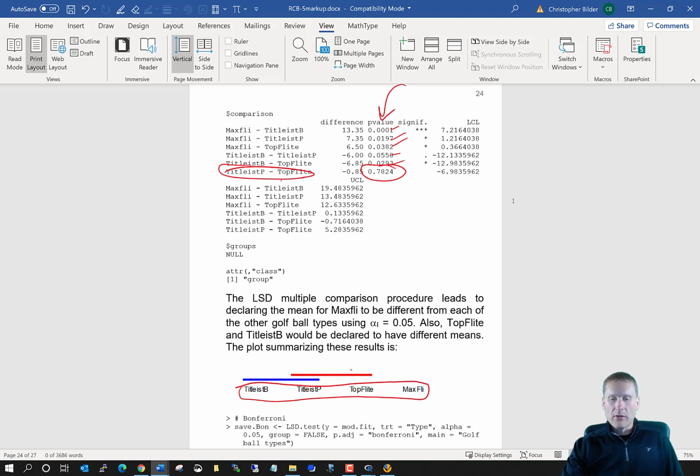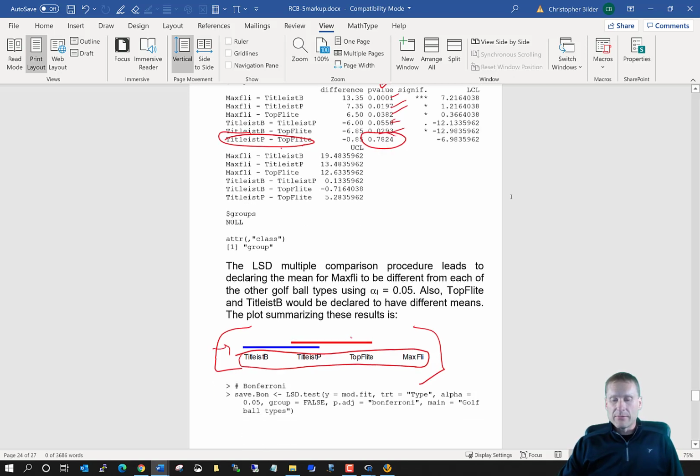And indeed, that's what we do. Now for Titleist B and Titleist P, the p-value is a little bit above 0.05, but if we go with a strict 0.05 there, we would need also a line there. But then we don't have a line between any of the other ones. And so you can see how dramatic of a difference that is compared to what we had with Tukey's HSD.